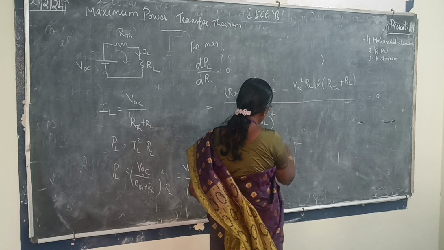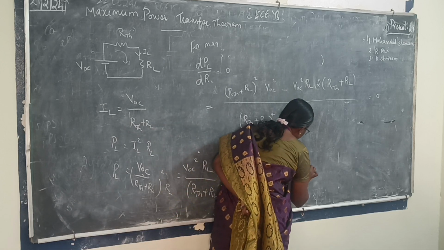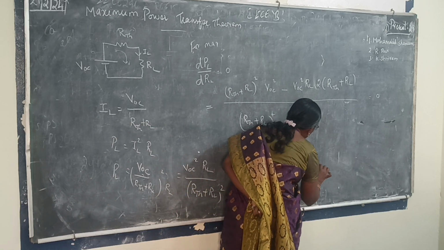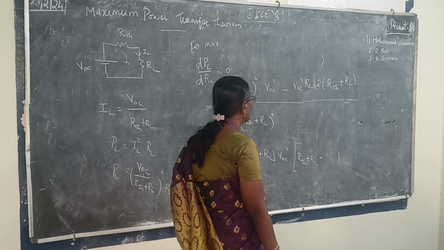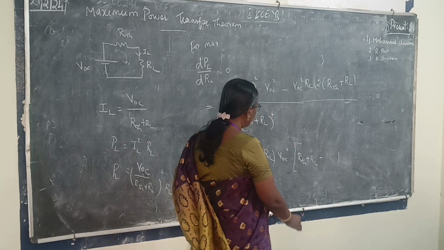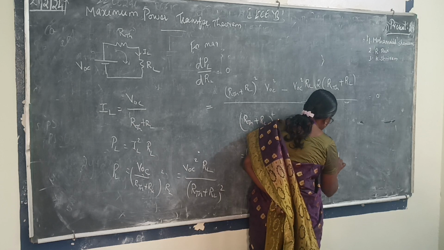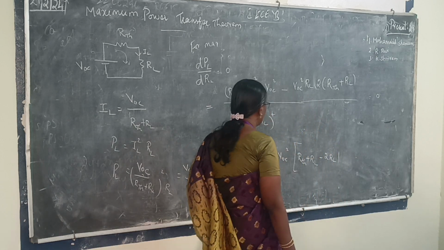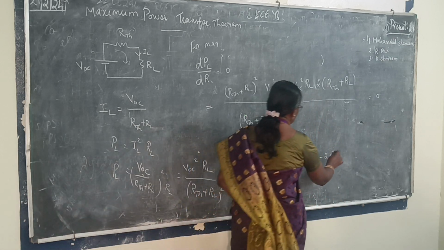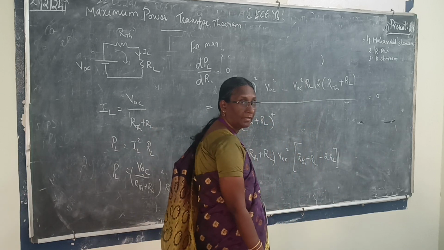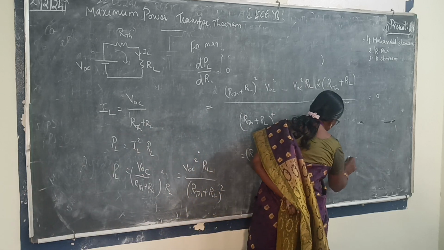RTH plus VOC squared into RTH plus RL minus 2RL, minus 2RL. That is equal to 0.